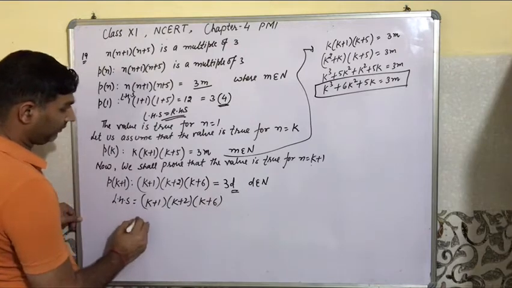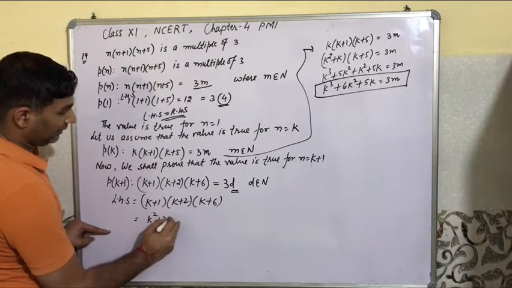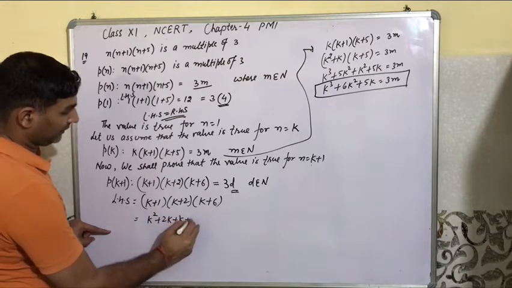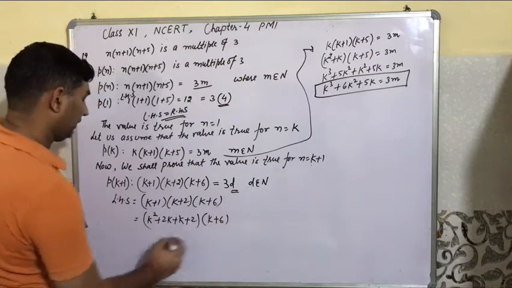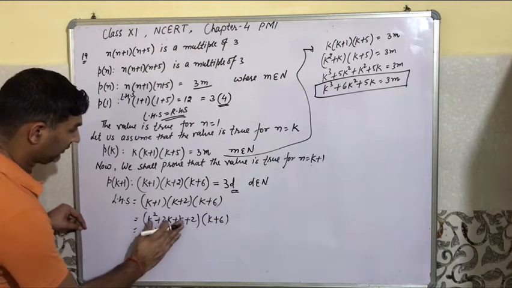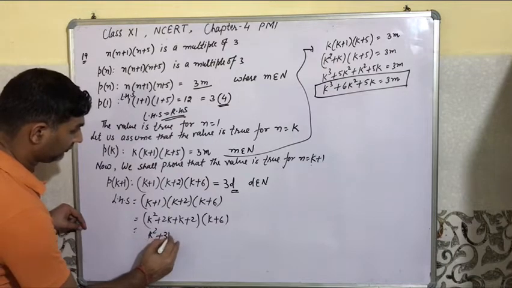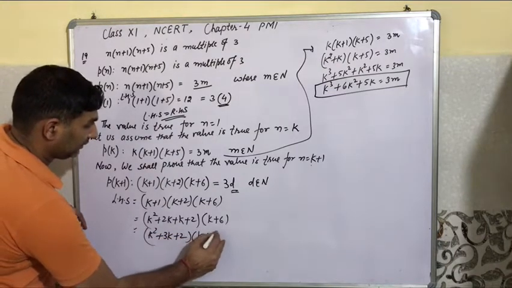Then multiply both the terms, k square plus 2k plus k plus 2 into k plus 6, and then k square plus 3k plus 2 multiplied by k plus 6.